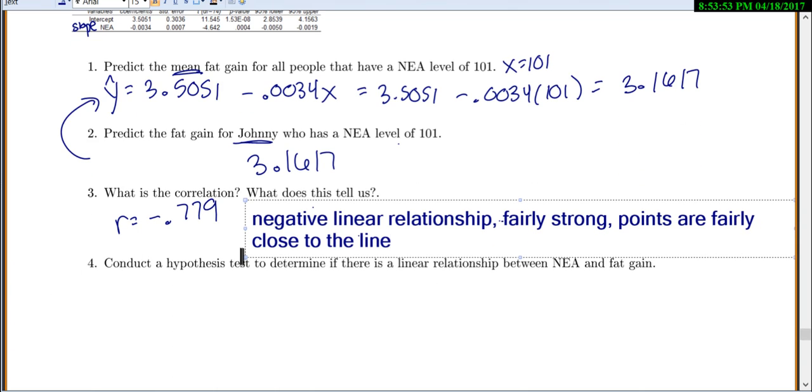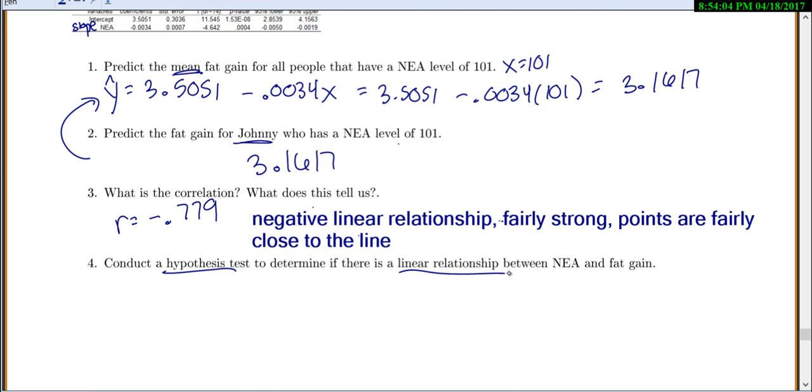Now the new stuff. Let's conduct the hypothesis test to determine if there's a linear relationship between NEA and fat gain. So, hypothesis test, we just want to see if there's a linear relationship. They didn't say if it's positive or negative, just if it's linear. So just like every other hypothesis test, we go through all the steps. Let's choose alpha equals 0.05. You need to know your null and alternative hypotheses.